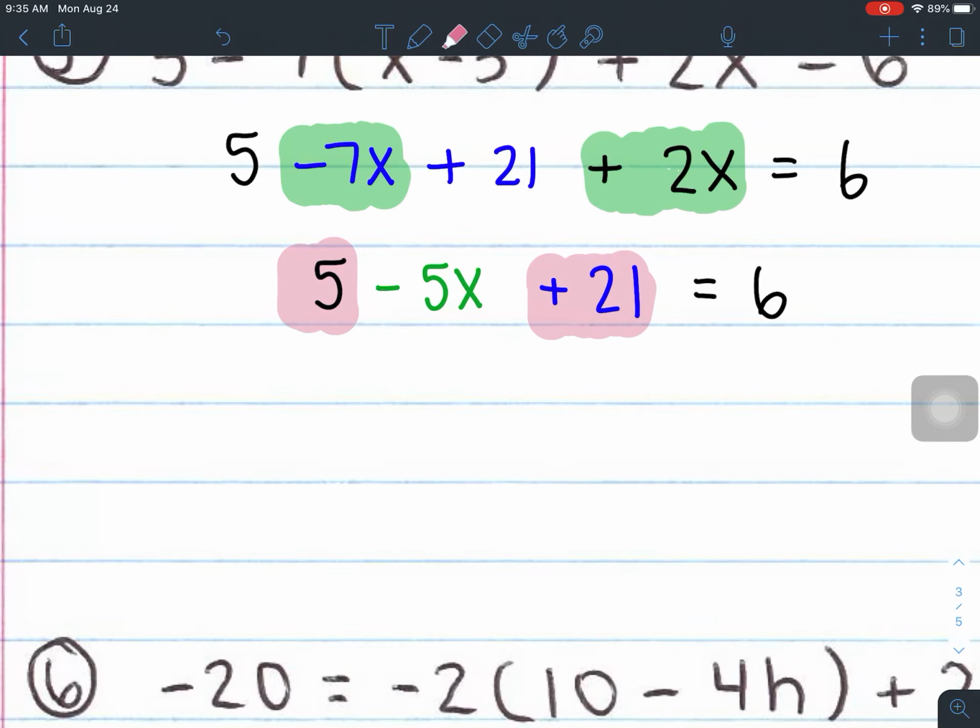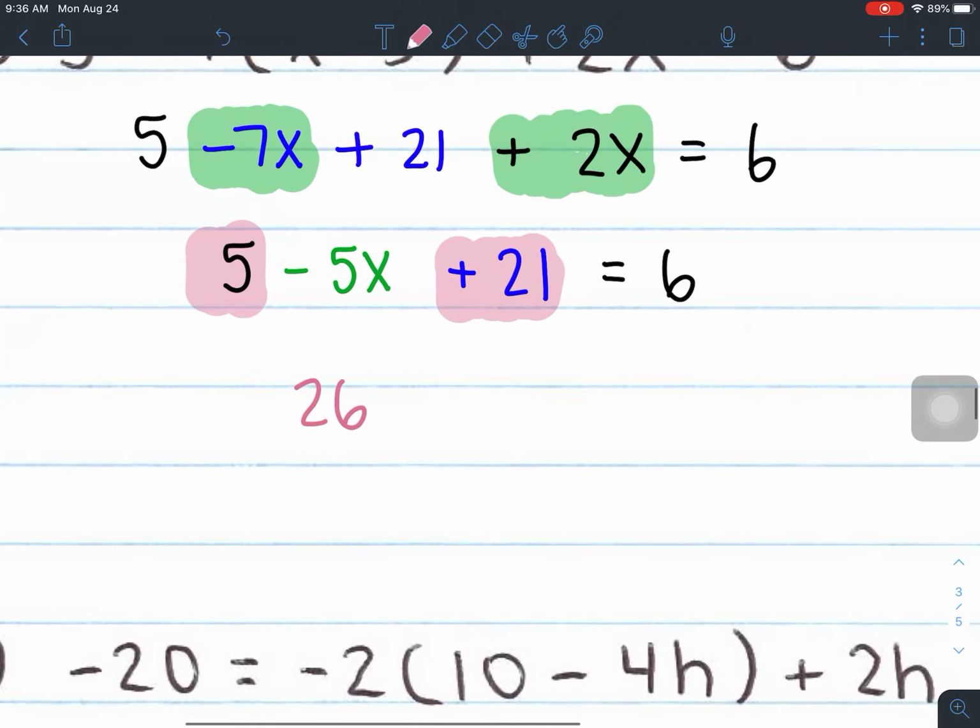What's 5 plus 21? 5 plus 21 is 26. They're like terms because they're exactly the same. They have the same variable, same exponent. 5 and 21 have the same variable; their variable is that they don't have one, and they have the same exponent on that variable, which is the one that they don't have. So they're exactly the same. 7x and 2x were the same variable, same exponent, so I could have combined them.